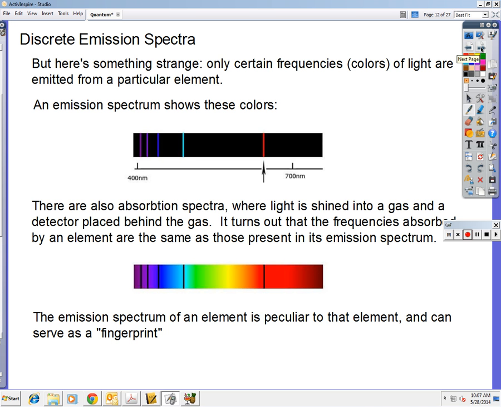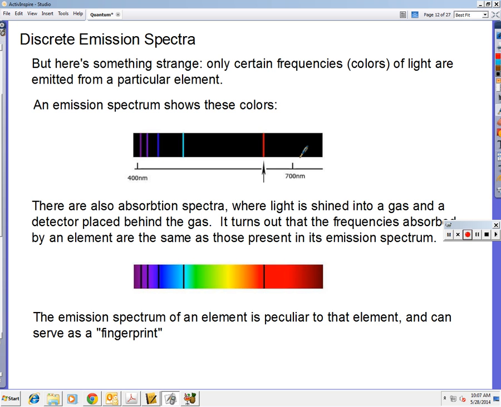And now, a sort of strange thing happened, which is that only certain frequencies of light are emitted from a particular element. This emission spectrum is the emission spectrum for hydrogen. Hydrogen produces only 4 particular wavelengths in the visible spectrum. You could also do an absorption spectrum.